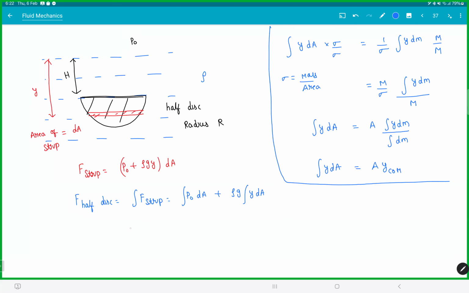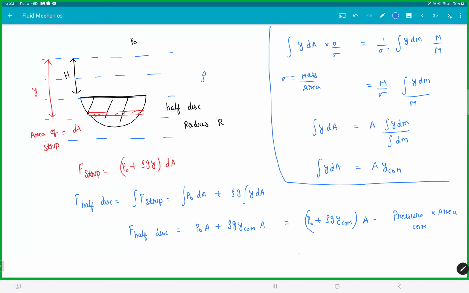So now when you replace here the force on the aft disk, you can simply write this as P naught into area of the disk plus rho G y center of mass into area of the disk. This can be written as P naught plus rho G y center of mass, into area. So this is the pressure at center of mass into area.